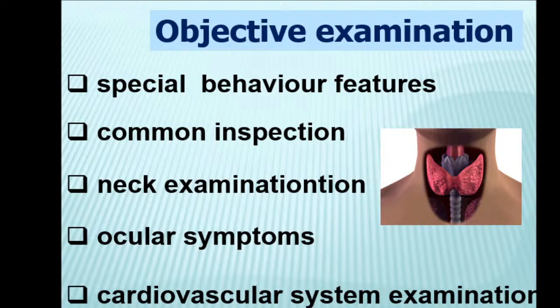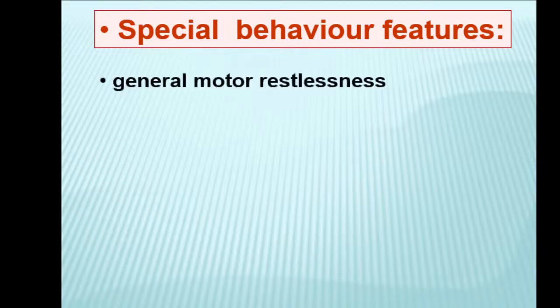We'll check ocular symptoms which are specific for thyrotoxicosis and examine the cardiovascular system. The question about examination of the cardiovascular system of a patient with thyroid gland pathology will be given as a separate question.